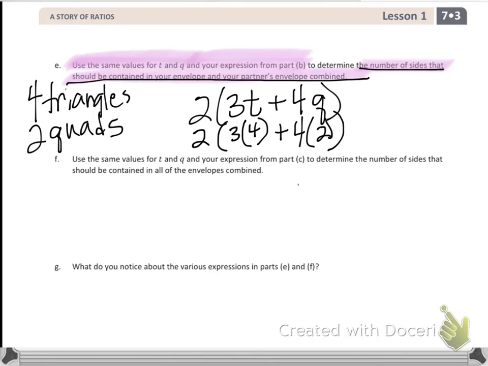Hopefully you can see this 4 is here and this 2 is here, because that's the number of triangles and quadrilaterals I have.